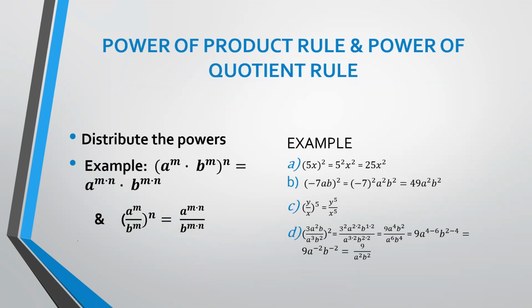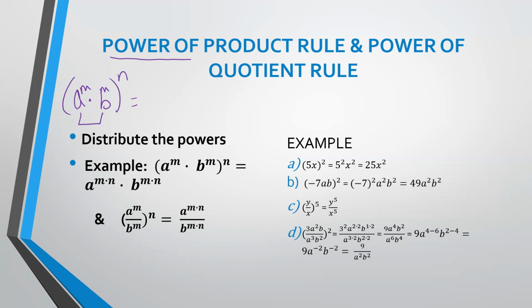All right, power of product rule and power of quotient rule. So let's work on the power of product rule first. This tells me that I have two bases being multiplied together, and they're both raised to some power, and I'm going to turn around and raise it to another power. We know B and A, those bases are not alike, so we can't put them together by writing that base down once and raising it to the power and adding them, right?